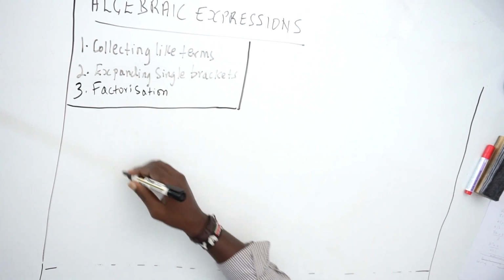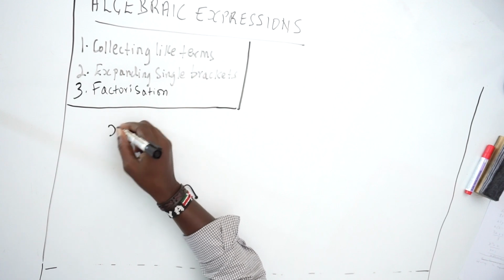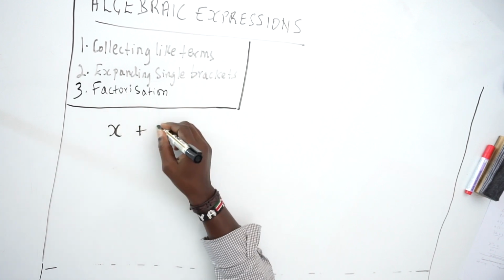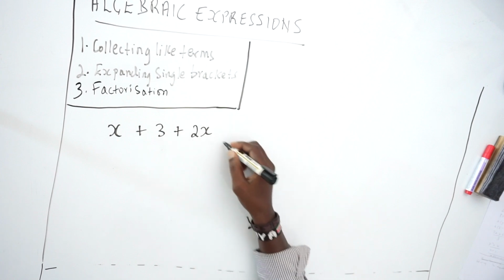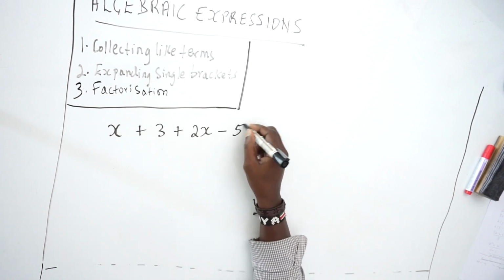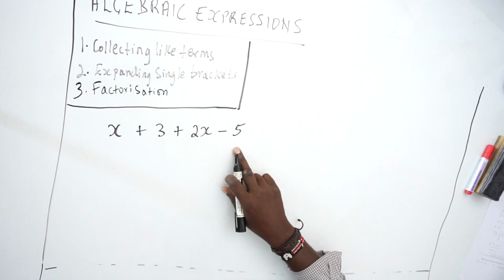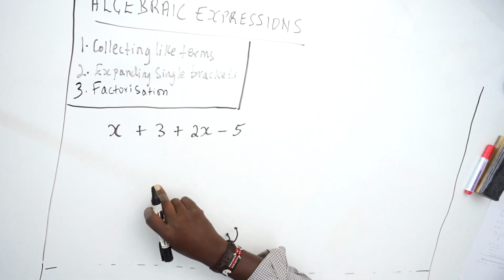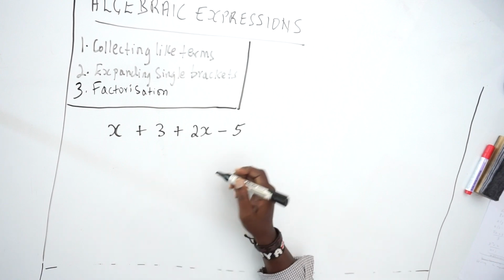Now, in algebra, we have numbers being written together with letters. For example, I could have the expression x plus 3 plus 2x minus 5. In this expression, we have x and some numbers together. To simplify this, it will be important that we collect the like terms.